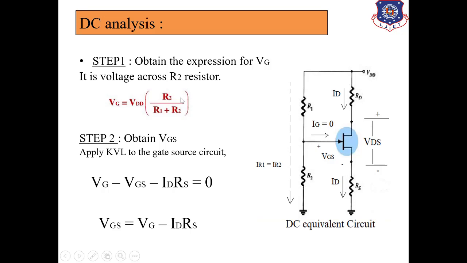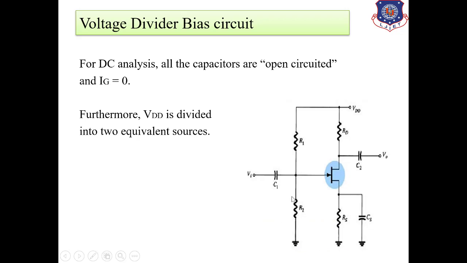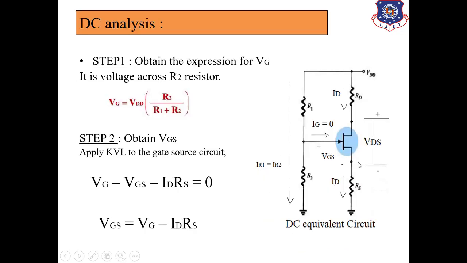Let's do the DC analysis. For starting the DC analysis, again we will have to study the DC equivalent circuit from the main circuit. We will assume C1 and C2 are open circuited. So for the voltage divider bias circuit also, the DC equivalent circuit is very simple.